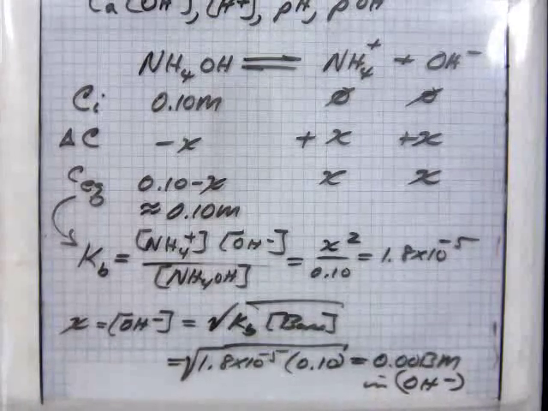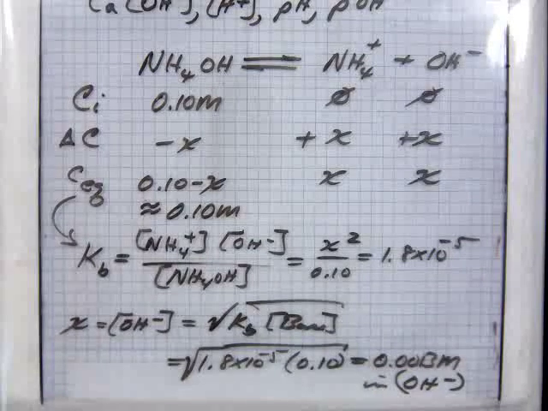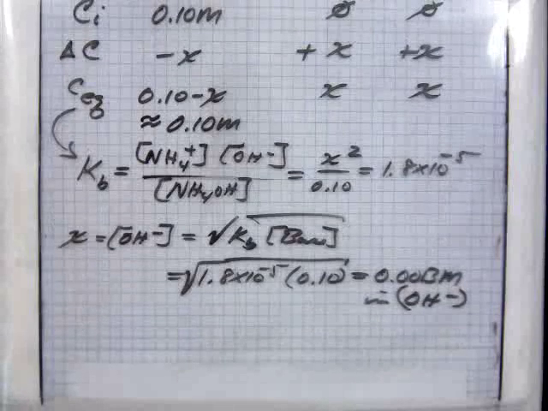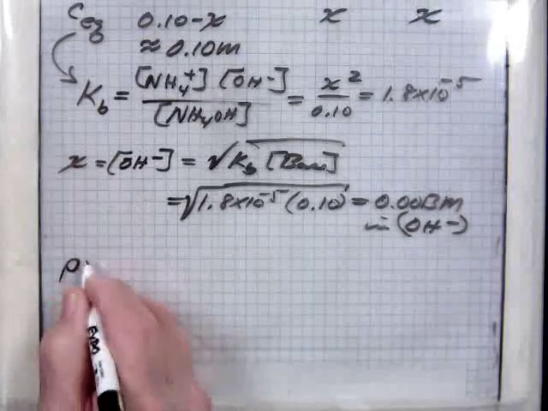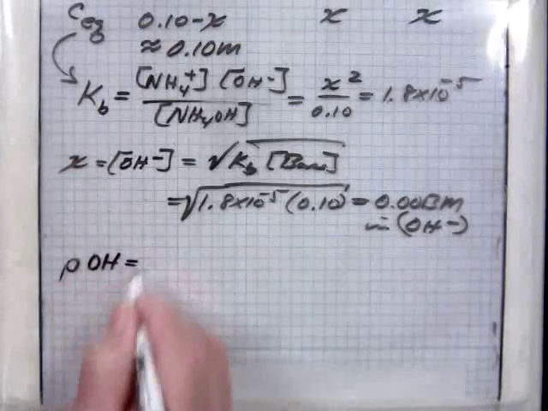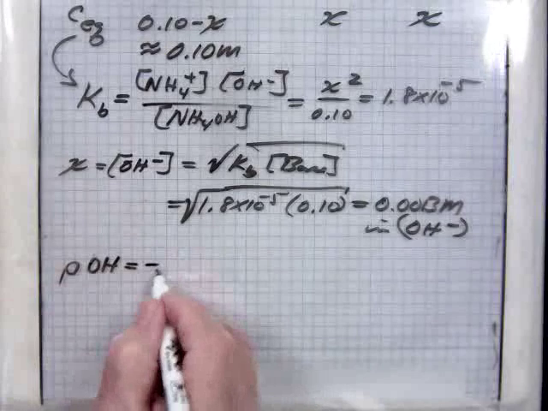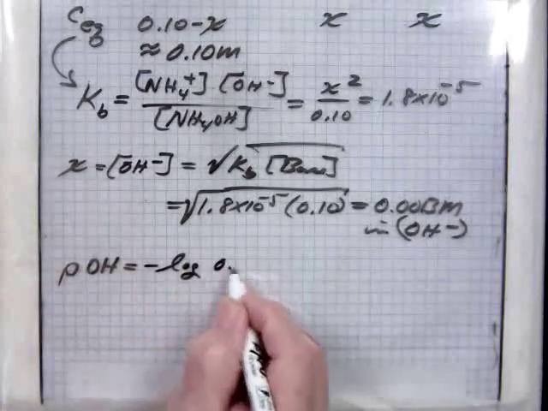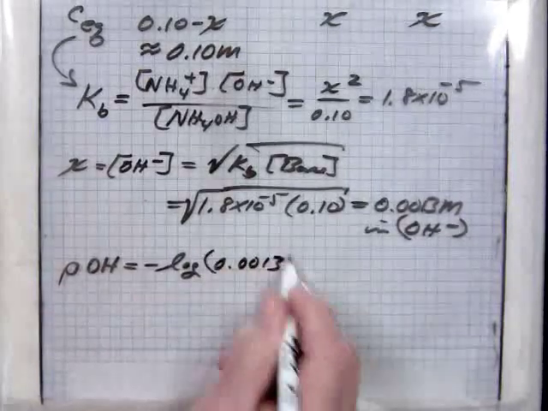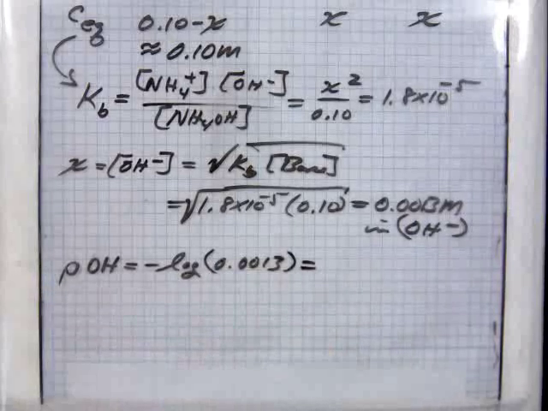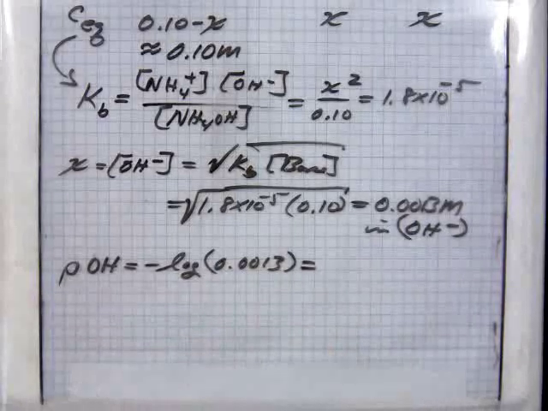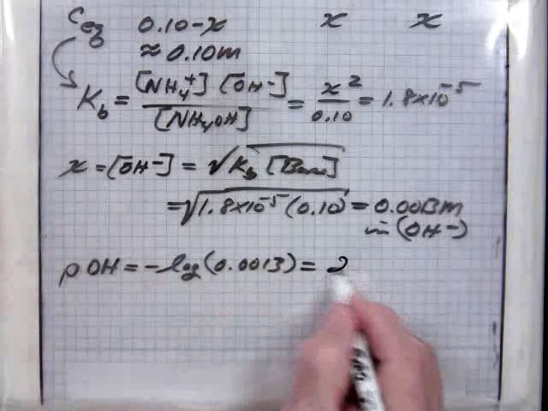From there, you can get the pOH, then the pH as you need. So pOH would be my first guess, which would be minus log of 0.0013. I forgot what that is. 2.89.